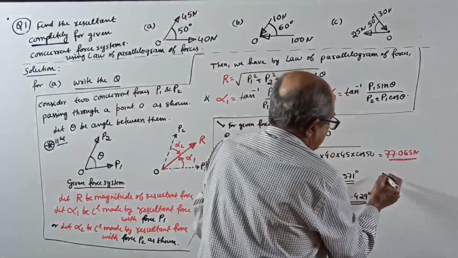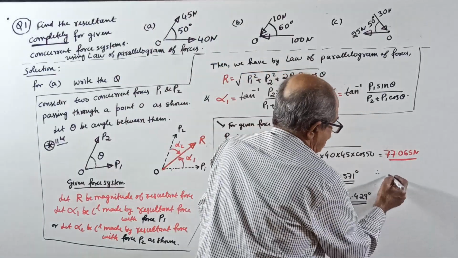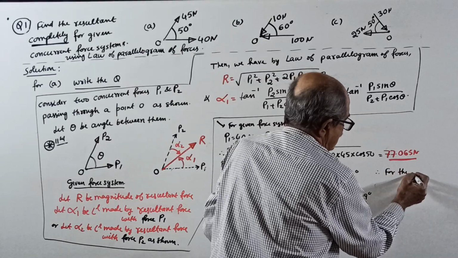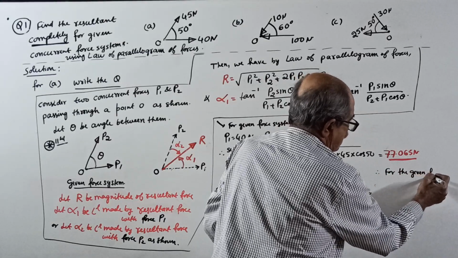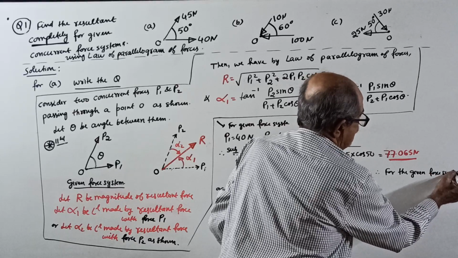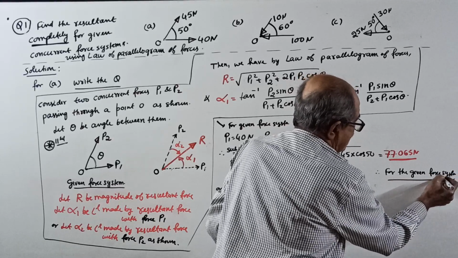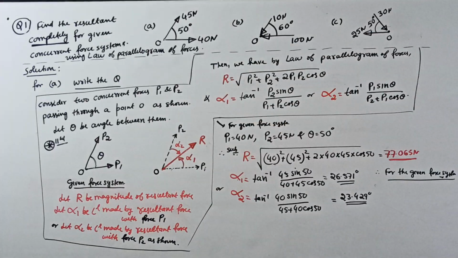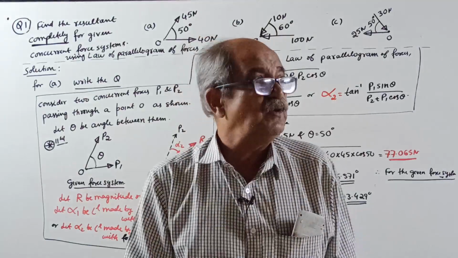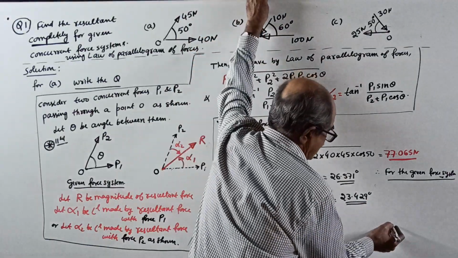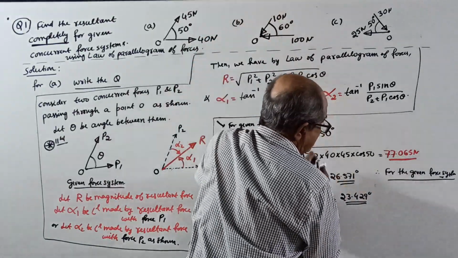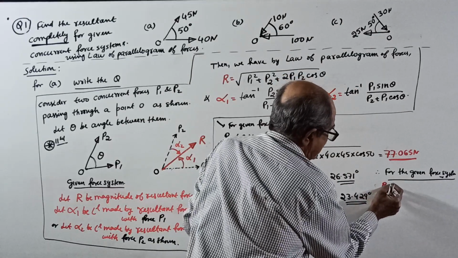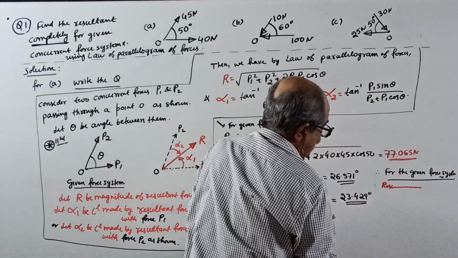Therefore, for the given concurrent force system, you write here, for the given concurrent force system, the resultant is as shown below. I was checking the camera, hoping I am not going out of it. Luckily, space is there.